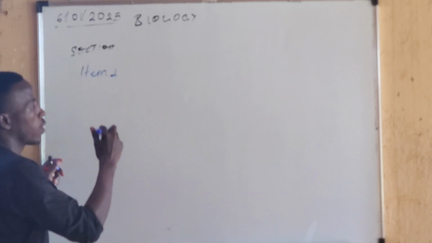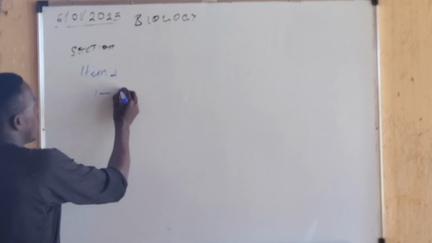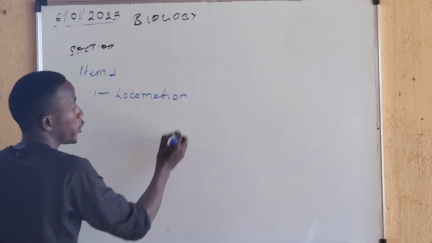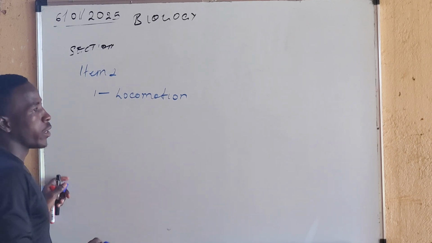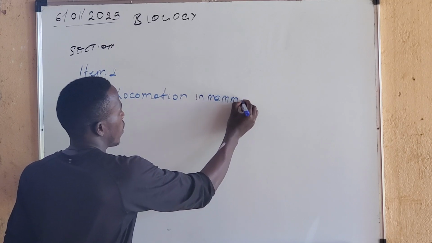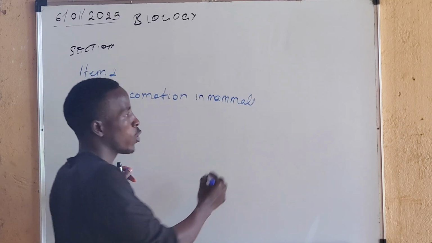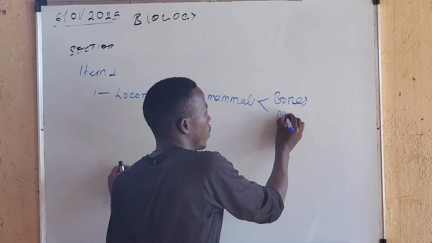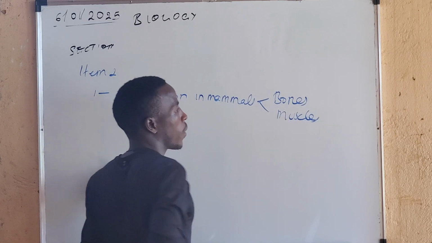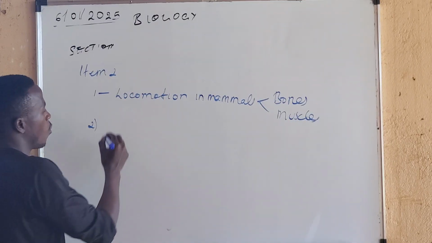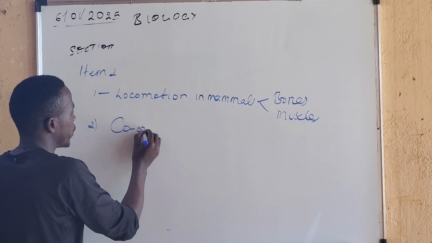One is called locomotion, in animals or in mammals. Basically here we talk about the bones and then muscles. And then under number 2 topics, we have coordination.